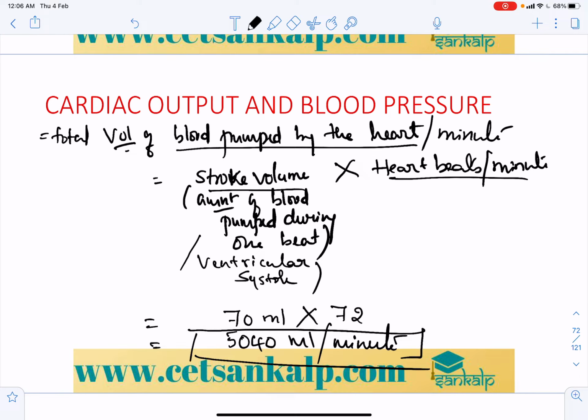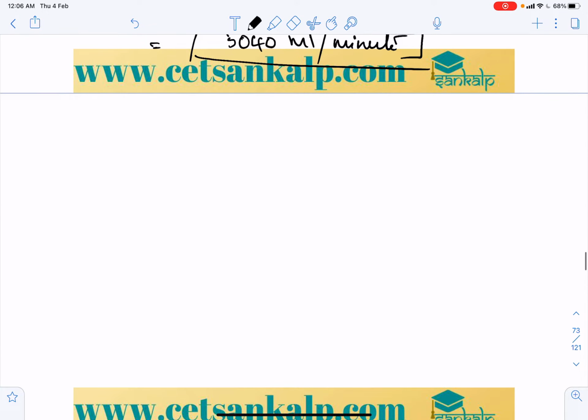Next, we can also know how the blood supply to the heart wall takes place. For the pumping action, nutrients are required for the heart.